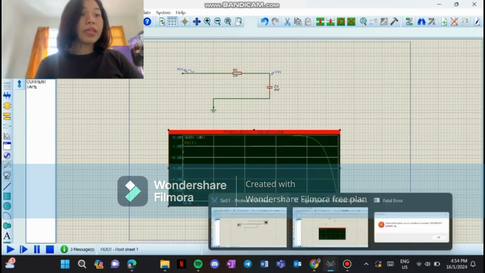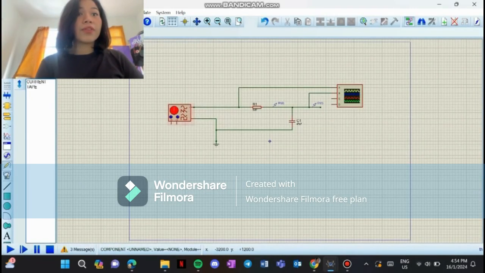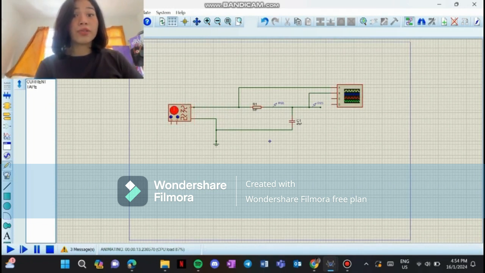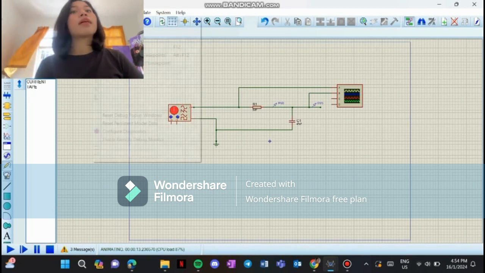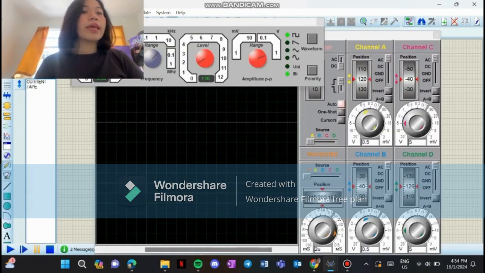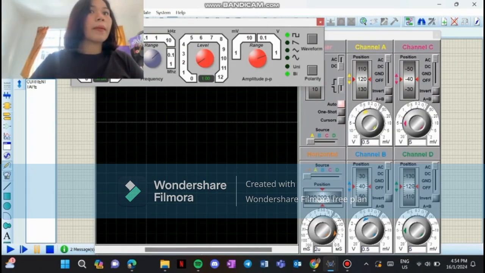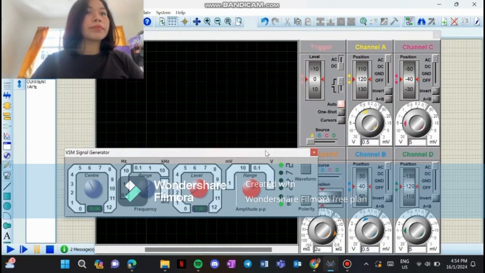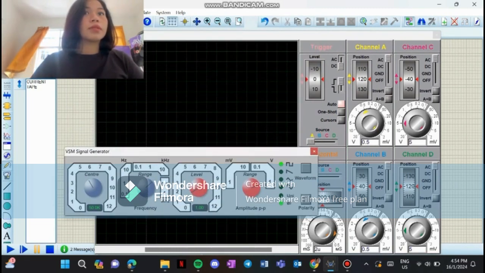For the next simulation, I've used this signal generator as well as the oscilloscope, and then when we run the system, we get this.